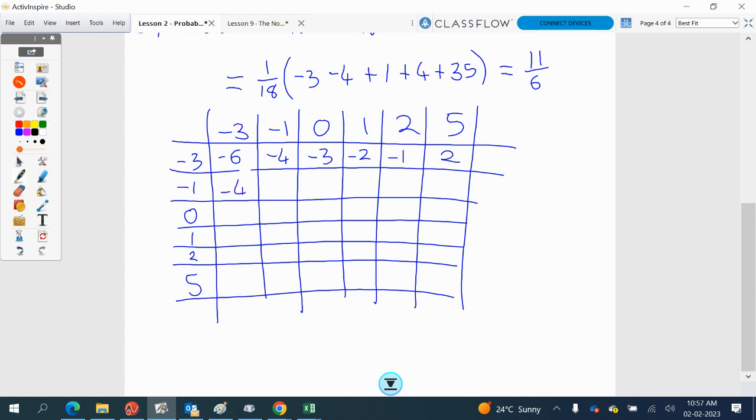This is going to give us -4, -2, 0, -1, 0, 1, -4. This one is going to give us -3. This one is going to give us -1, 0, 1, 2, and 5. So what if the one above -4 gives you 4? Instead of -4, what about just 4? It's 2.